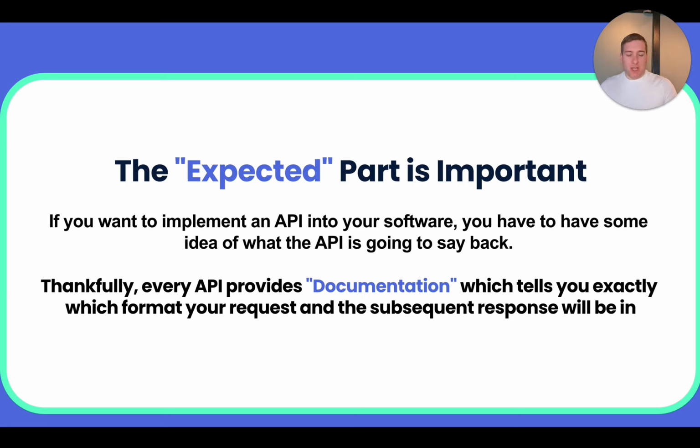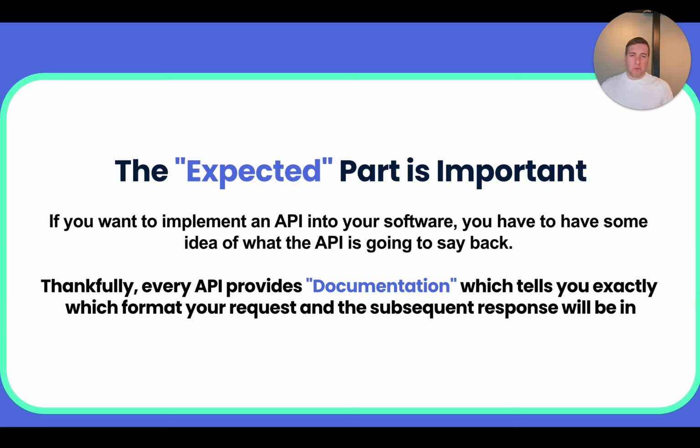If you think about it, if you want to implement an API into some sort of software or app that you are building, you have to have some idea of what the API is going to say back to you before you actually implement it. So if I've got a restaurant booking API and I want to say what time you open to, I kind of need to know, is the restaurant API going to reply with something I would expect, like 10 p.m., or is it going to reply with, oh, we're going to shut after sunset tonight?